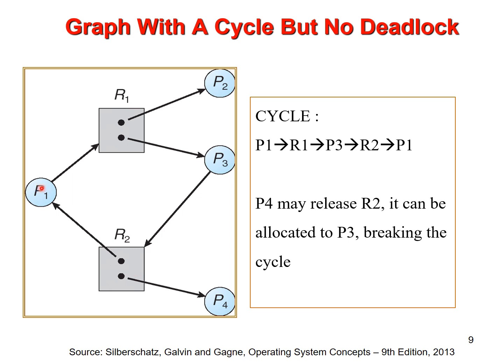It is because there are two instances here of R2 and currently P4 is holding one, and now P4 will release this resource instance of R2. So once it is released, that instance can be allocated to P3 and we can thereby avoid the cycle. So this is a graph with a cycle but no deadlock.